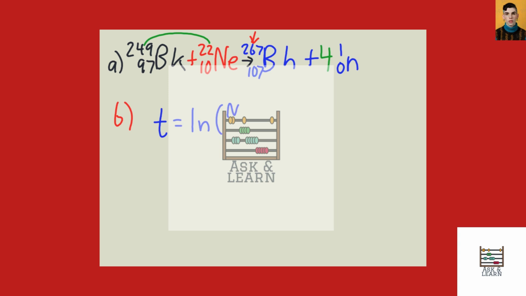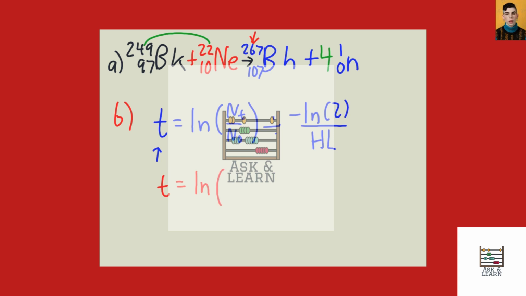The natural log of the amount remaining at the time, that is, we don't know yet, which is why we're looking for it, compared to the original amount present, divided by the negative natural log of 2 over the half-life given. In this case, we will plug in what we have. We don't know time, we're looking for it.